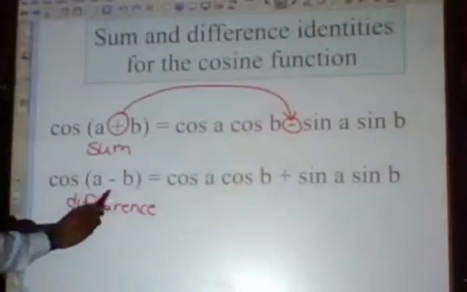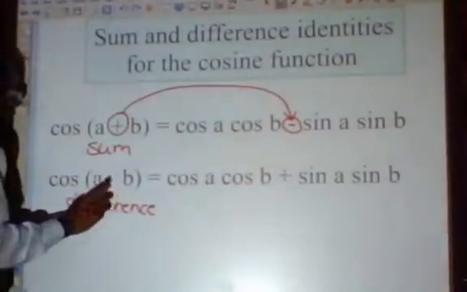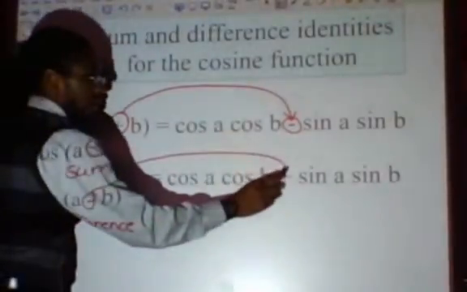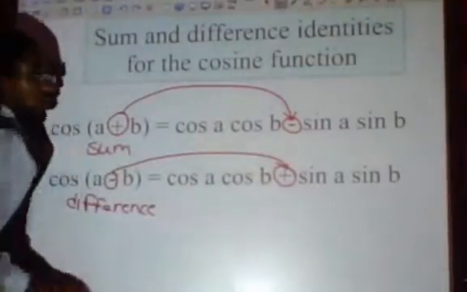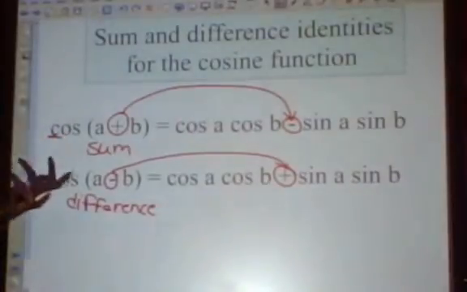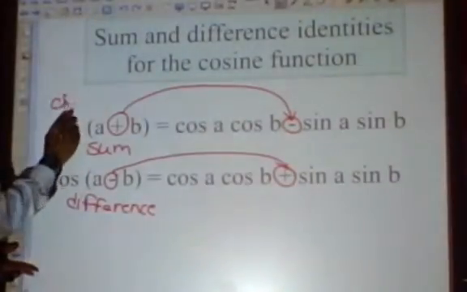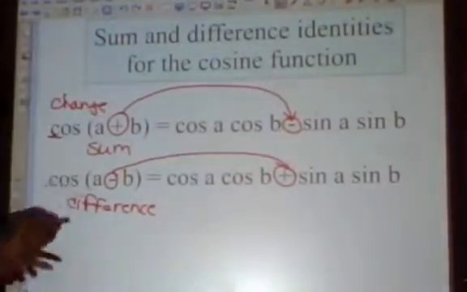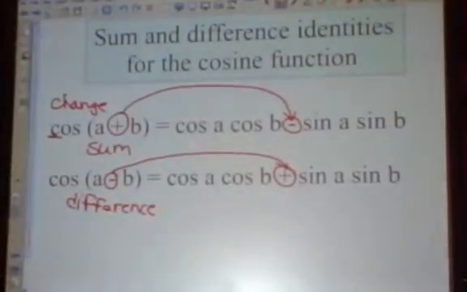For a negative, a minus, it's going to change the sign on the inside to a plus. If you remember that C for cosine means C for change, like change in sign, that'll help you out a little bit to remember it.